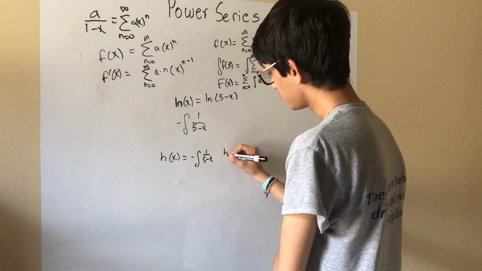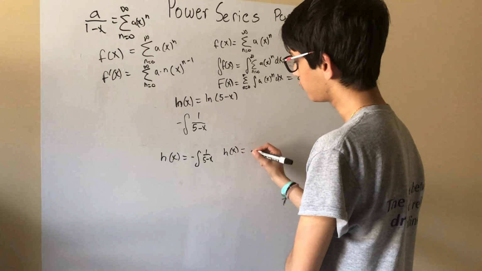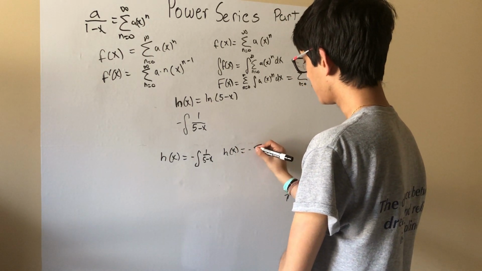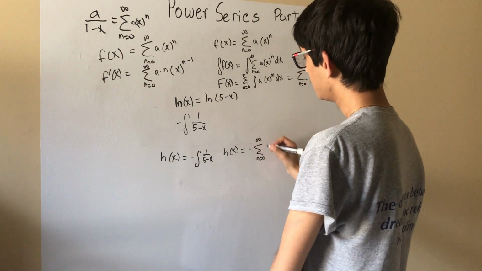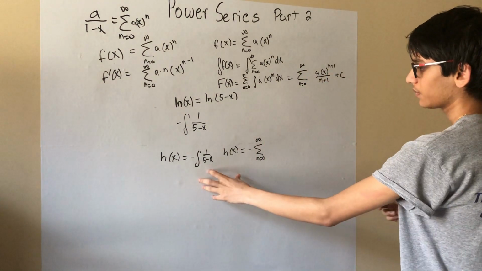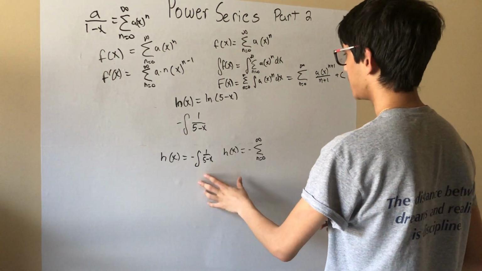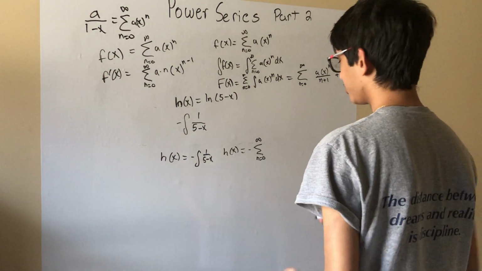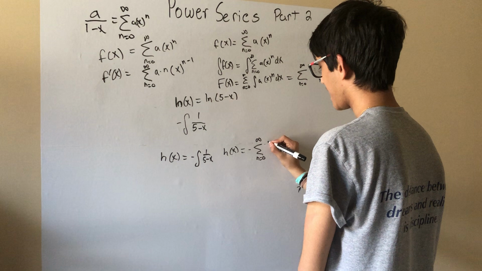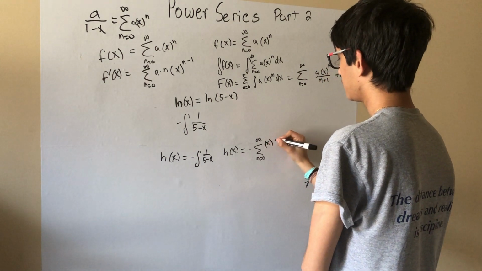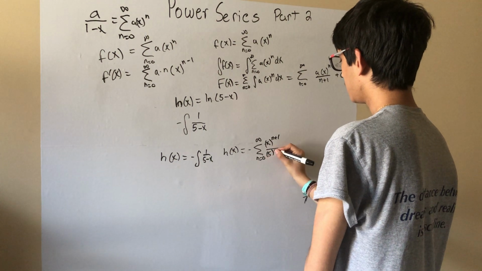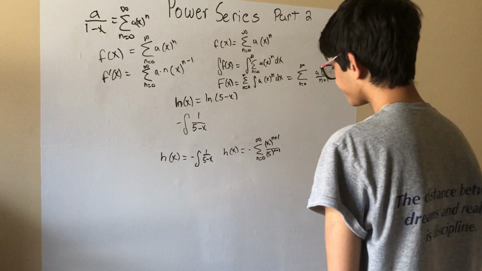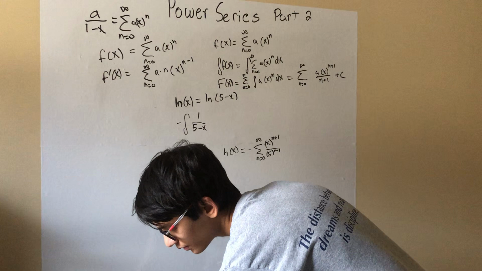So then h of x equals the negative value of the sum from n equals 0 to infinity of, we had actually figured this out a bit ago. I think that the value was x to the n plus 1 over 5 to the n plus 1, right?